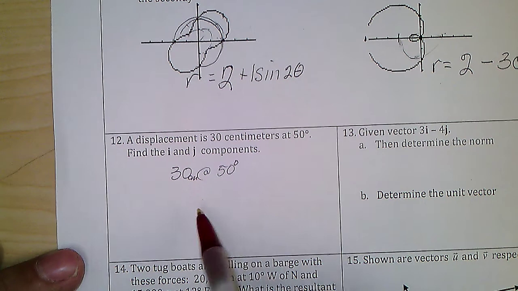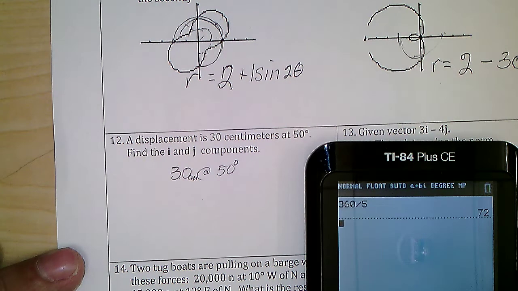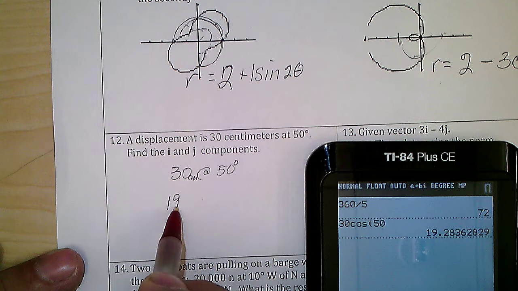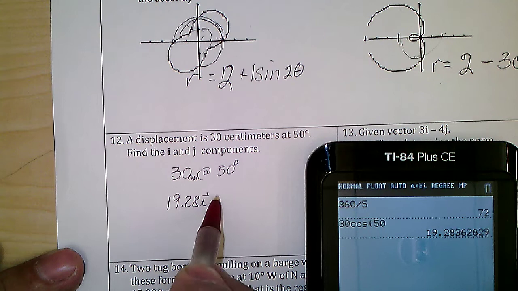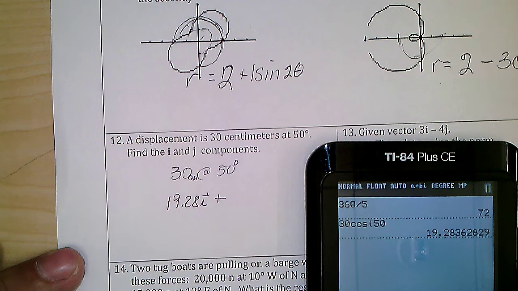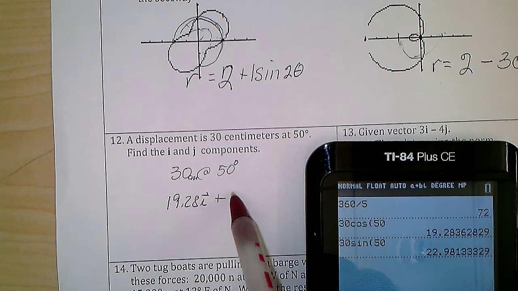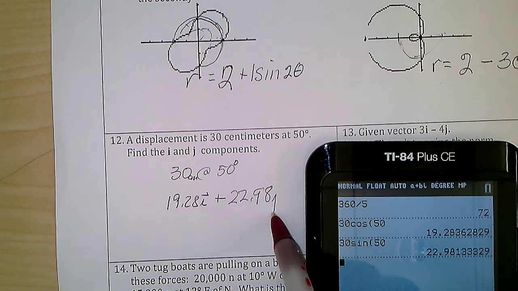To do this, I just take 30 cosine of 50, and I get the i is 19.28 i, plus, and in the j direction we have 30 sine of 50, and that's 22.98 in the j direction.